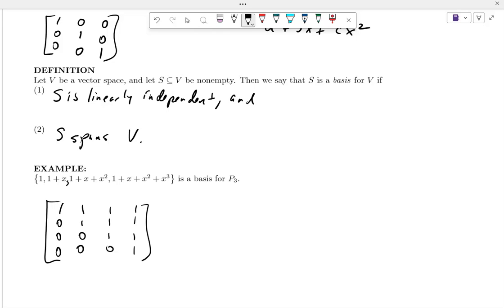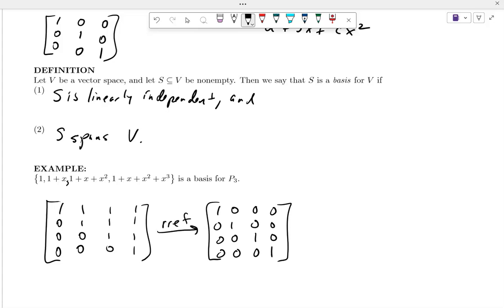Now, you could type this in your calculator and row reduce, but just looking at it, what are you going to get for the reduced row echelon form? Yeah, we're going to get the identity matrix, aren't we? And isn't that what we need to see if it's going to be a basis? I need a pivot in every column and I need a pivot in every row.